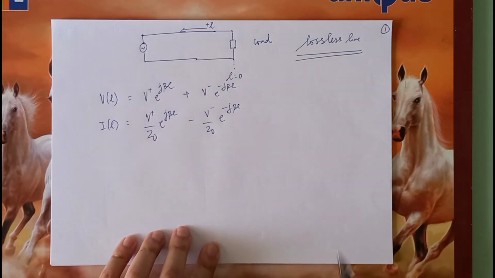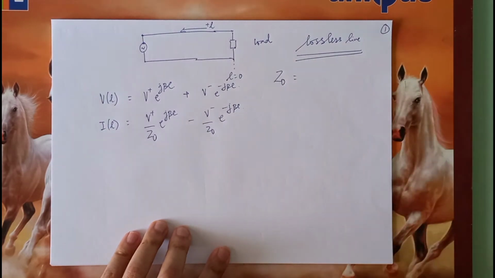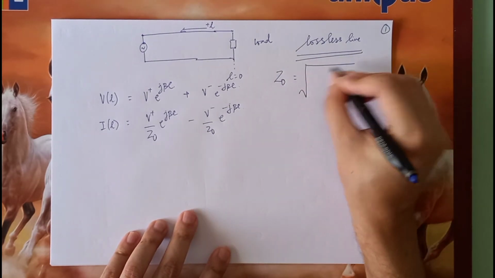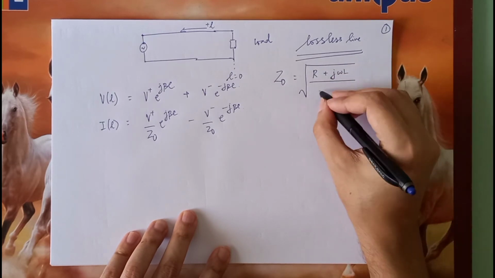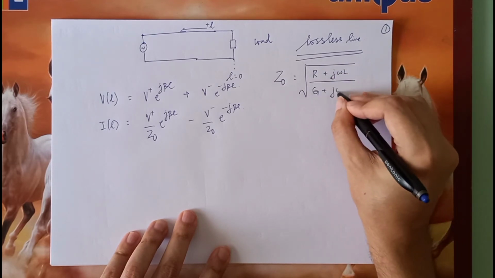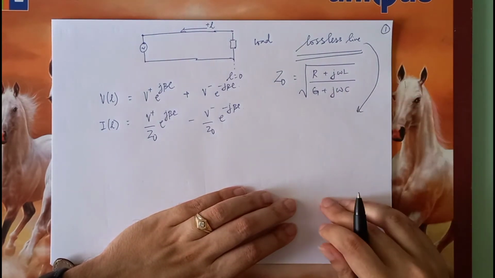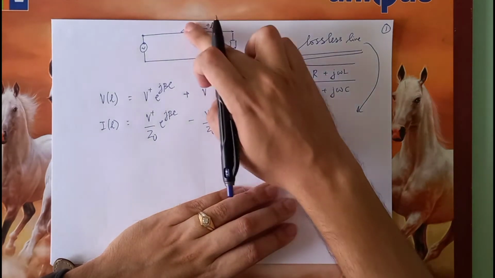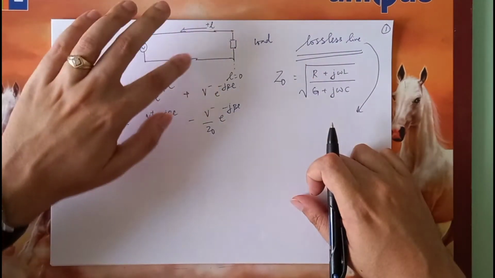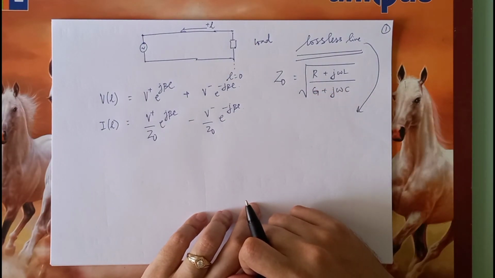So here Z0 is the characteristic impedance, and if you recall, in the last class we had defined this to be the square root of R plus j omega L divided by G plus j omega C. But a lossless line should not have any resistance, and the insulator between the two conductors should have zero conductivity.